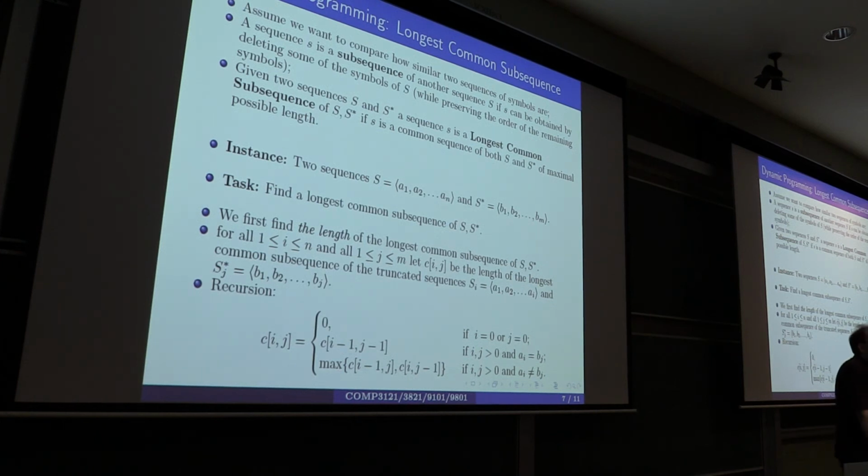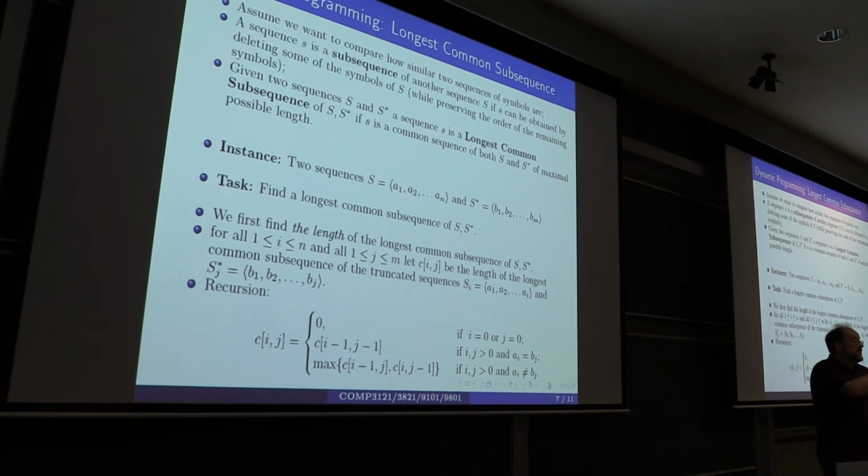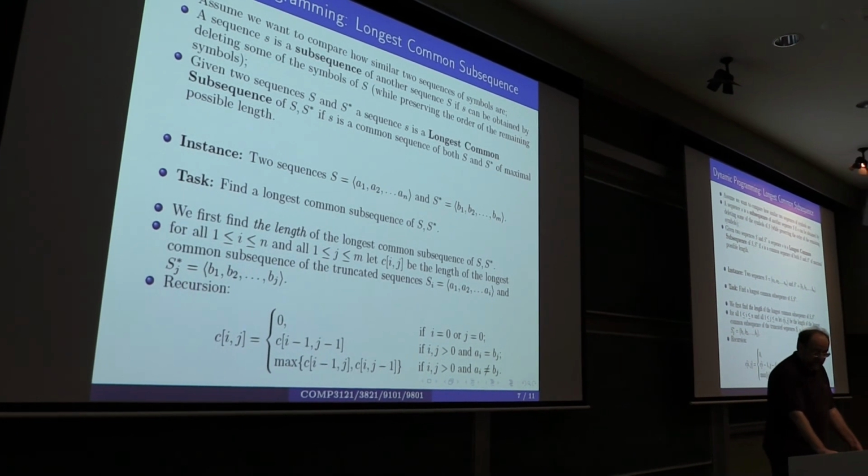Of course viruses mutate fast, right? So how do you tell whether two viruses are related to each other? You tell by similarity of the sequences, right? But there can be some additional base pairs in one of them, and some of them can be deleted.